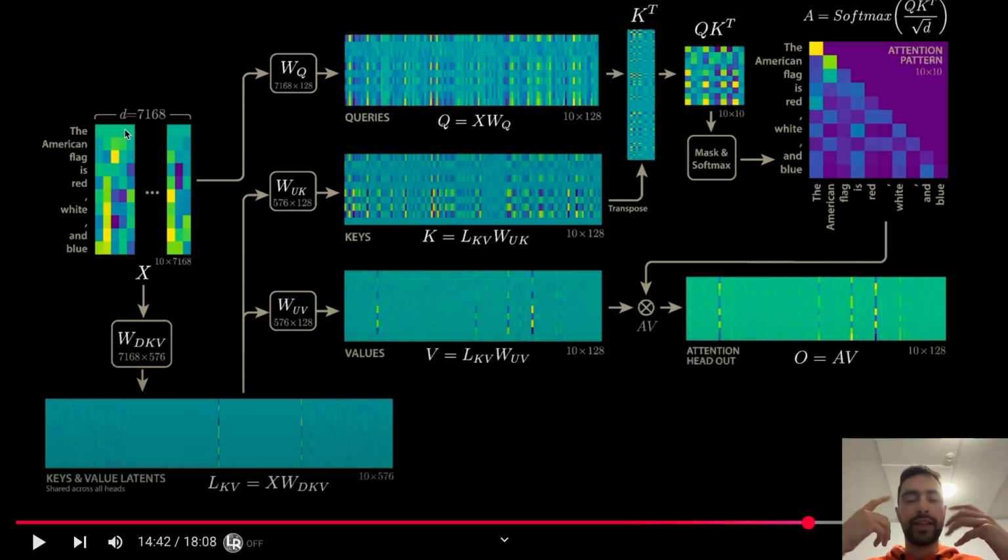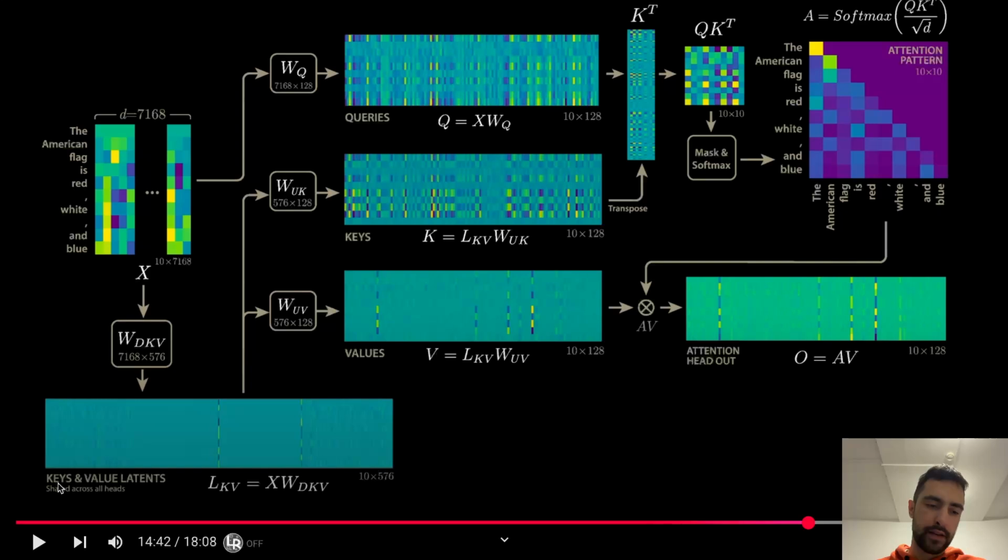That's because the idea is that you don't need the full meaning of this whole vector. You just need some information that is relevant to how to create a key and value. So you don't need all of the other information.